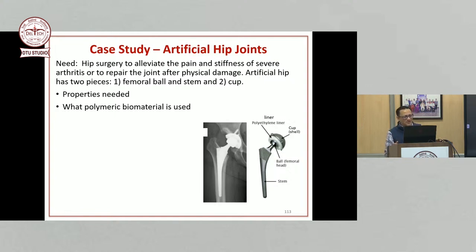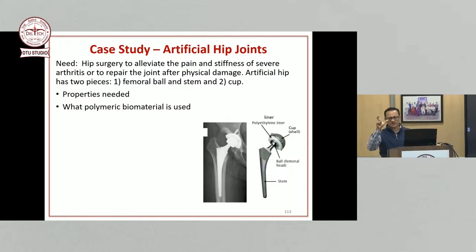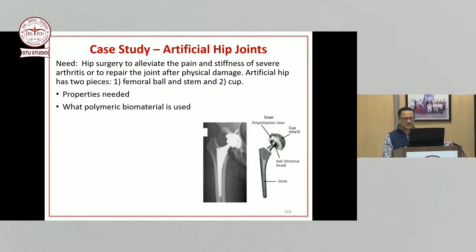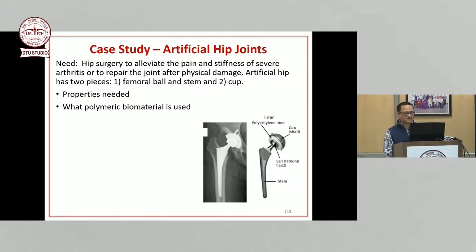I don't expect you to be able to tell what polymeric biomaterial to be used, that's fine, but what properties are needed, and this is just a case study. I think this study is from that big book I showed you. One of the things that people have tried, but with science, so many new materials are coming. But what do you think are the properties?